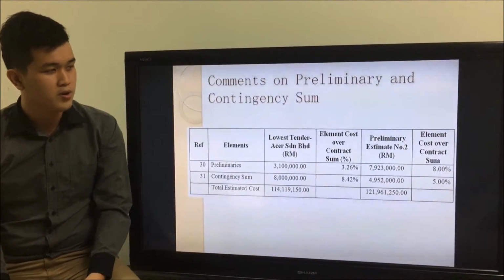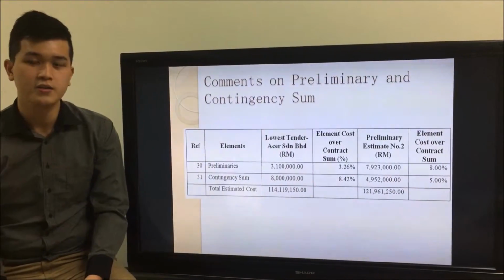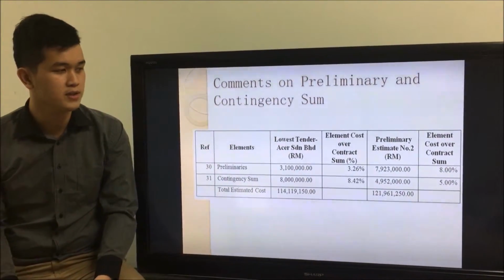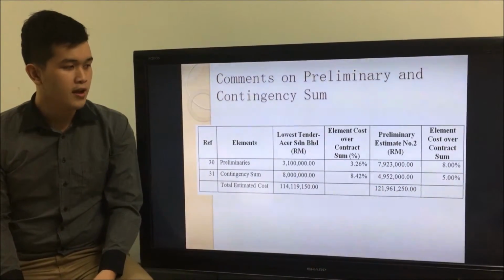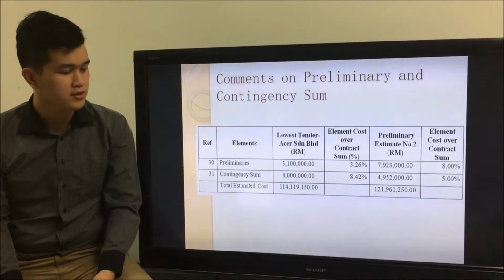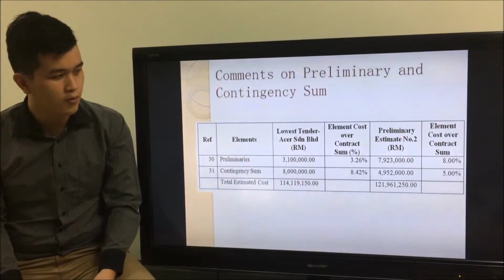And based on our preliminary estimate number 2, the preliminary cost has been reduced from 15% to 8%, which is around 7.9 million, and the contingency sum is reduced from 8% to 5%, which is around 4.9 million.